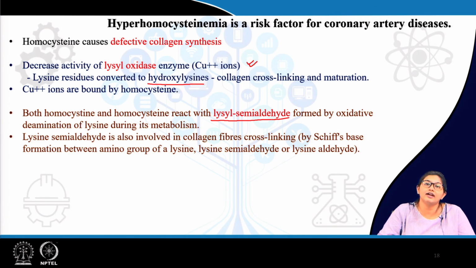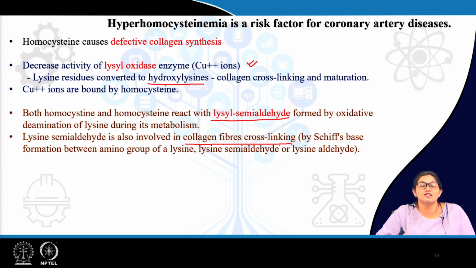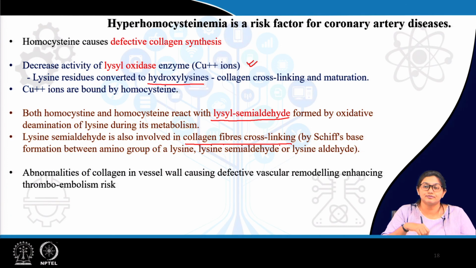This semialdehyde is also important for formation of collagen fiber cross-linking via formation of Schiff's base. So, in both cases collagen cross-linking as well as collagen maturation is affected. So, what is actually affected? The formation of vascular walls as well as remodeling, that predisposes to thromboembolic risks.